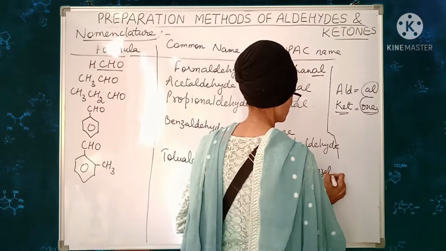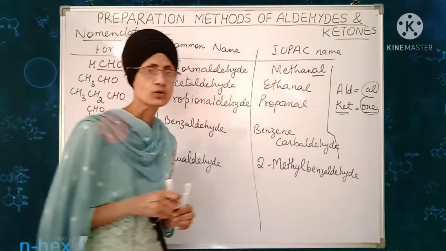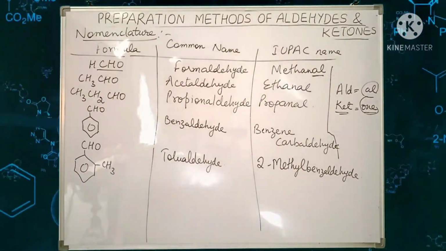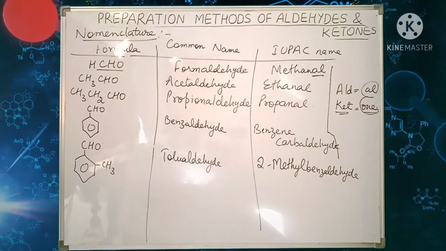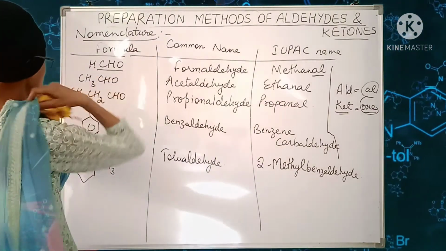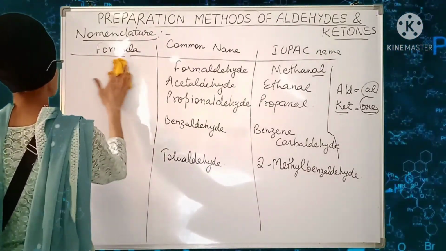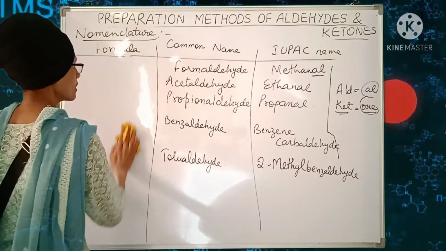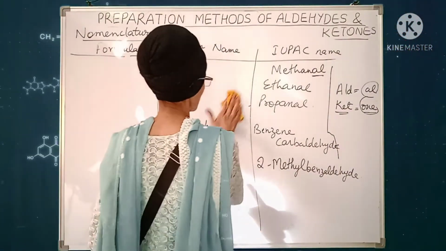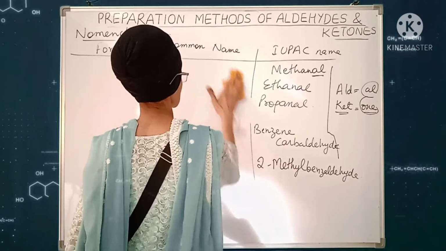Now let us do a little bit about the nomenclature of ketones. This was all about the aldehydes. In case of ketones, the suffix is -one and the very first member will have at least 3 carbon atoms, because the functional group present in ketones is in between two carbon atoms.